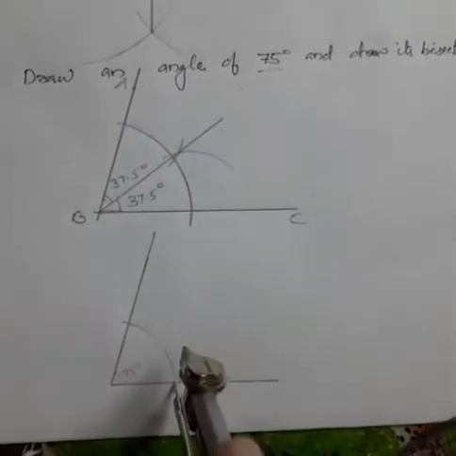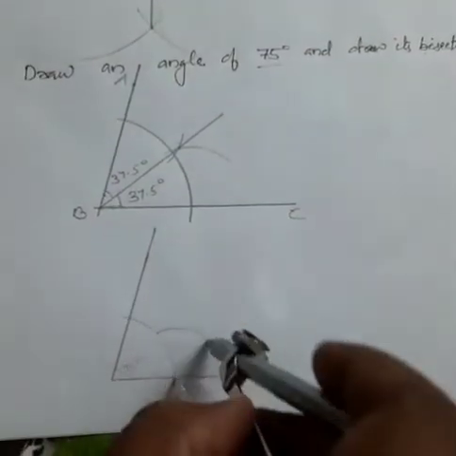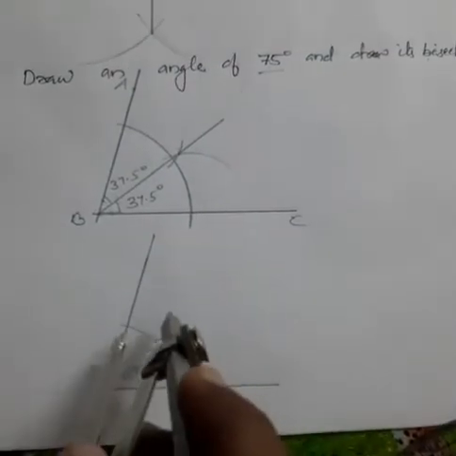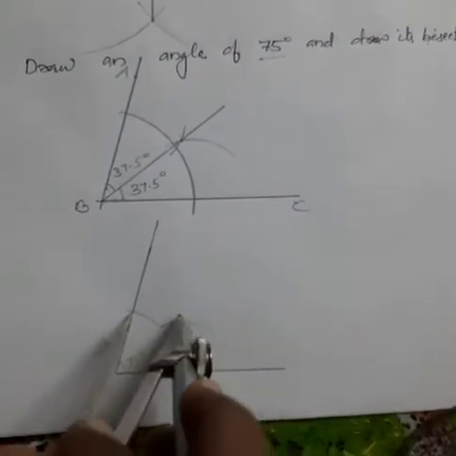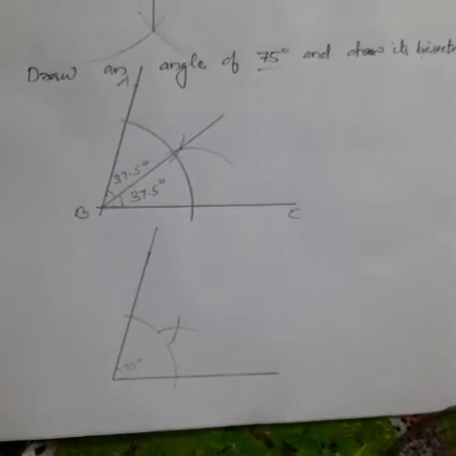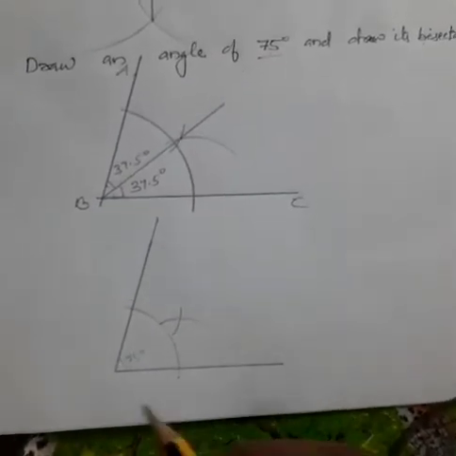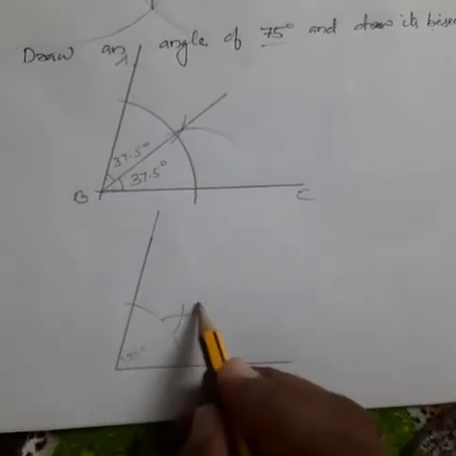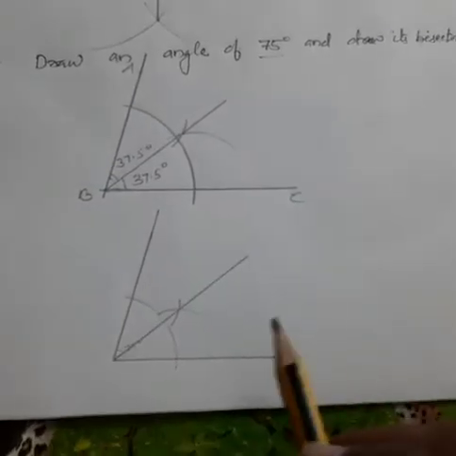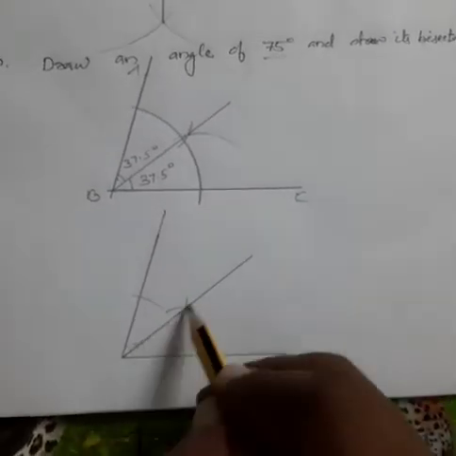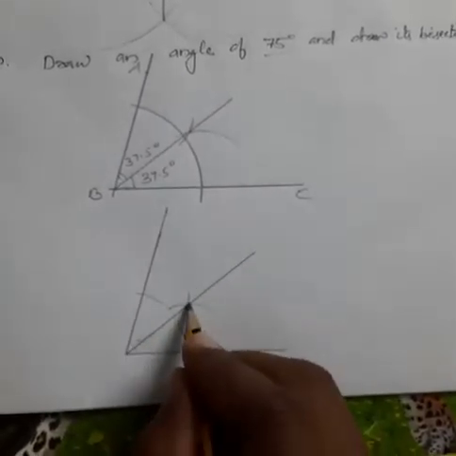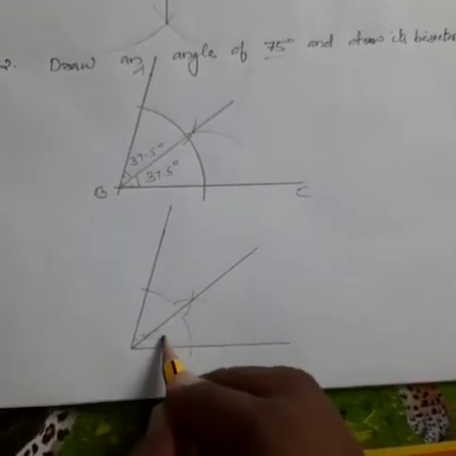From this point draw the arc, and from the next point also draw one more arc. Then try to join this line. So you have to join this line. So you got an angle bisector of 75.